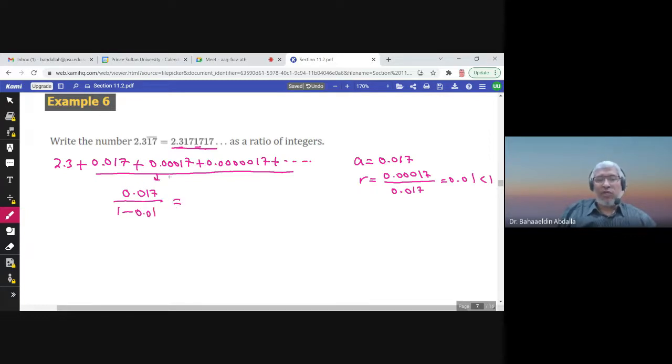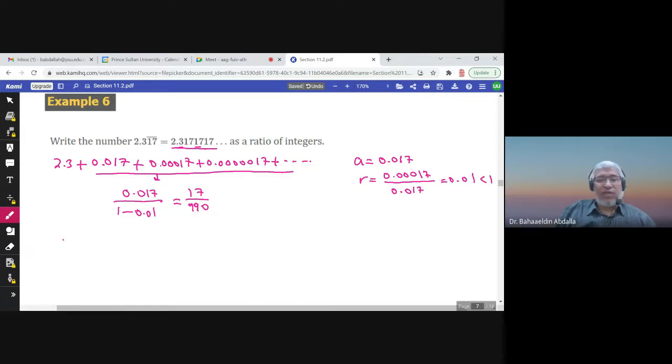So the sum of all of these terms would be equal to 0.017 over 1 minus 0.01, and this is equal to 17 over 990.